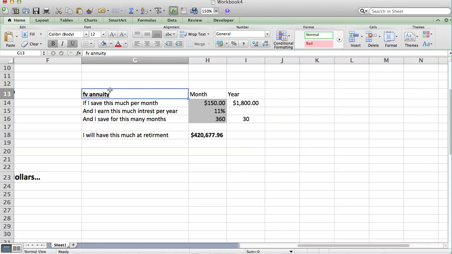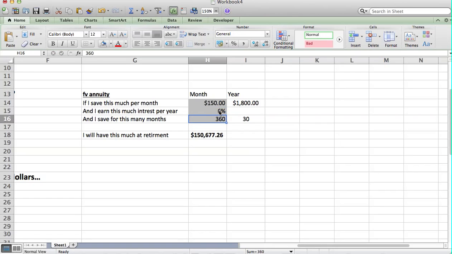Over here I have a future value annuity. So what I have here is a little statement to save for retirement, and I've got a future value formula set up. And this is one of the things that I really like, because if I save this much per month, so if I saved $150 a month and I earned this interest rate right here per year, so 11%, like I said, you can change these to whatever you want.